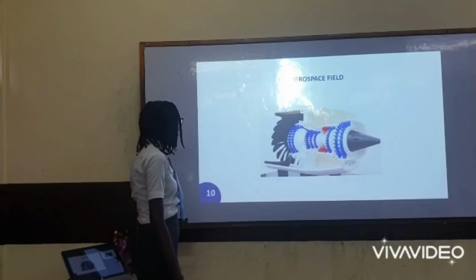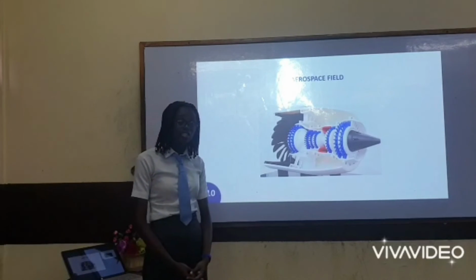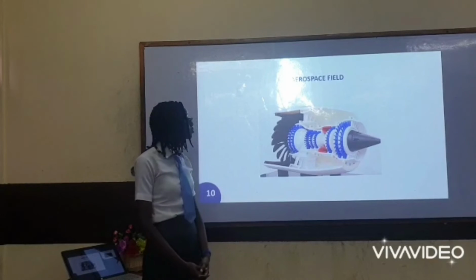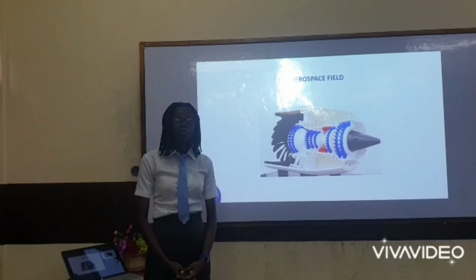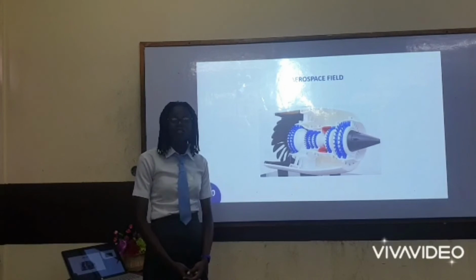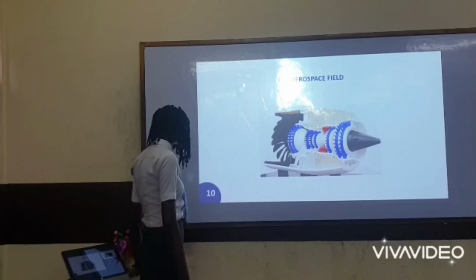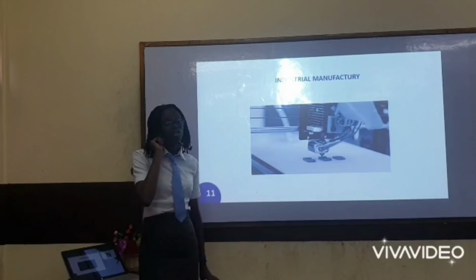Secondly, we have the aerospace field. Aerospace engineers use 3D printing to make new parts of engines which are more efficient and which use less fuel. Then we have industrial manufacturing.